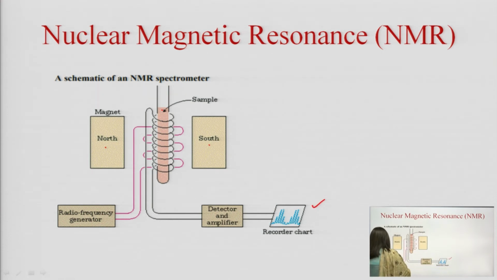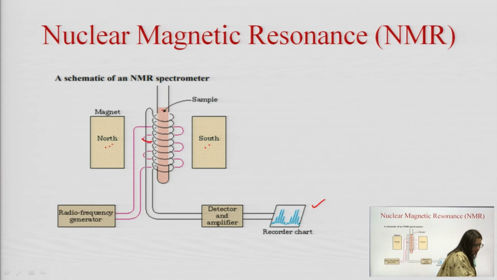Here is the coil which generates the radio frequency, around the sample in presence of these two magnetic poles.